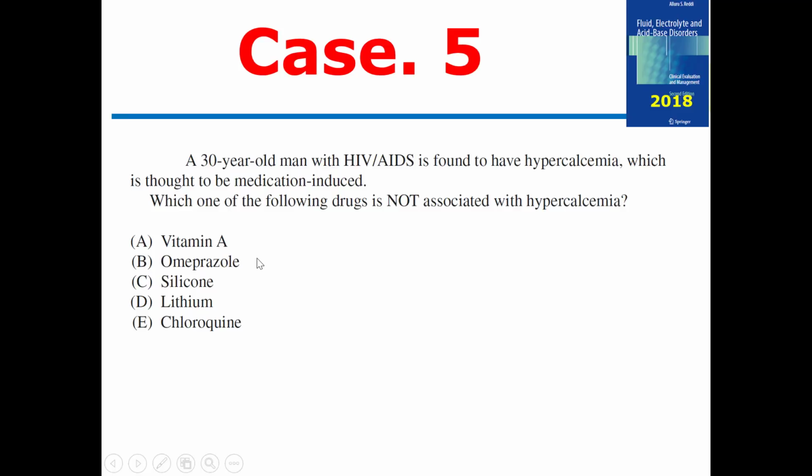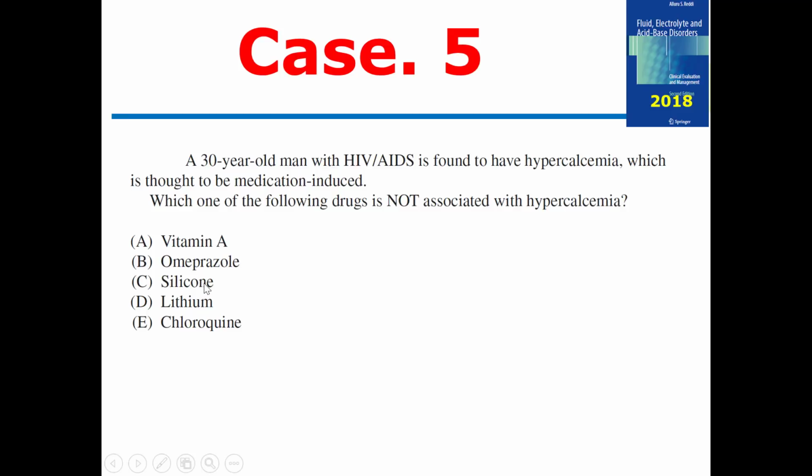Omeprazole leads to hypocalcemia, but it may be complicated by granulomatous interstitial nephritis with release of 1-alpha hydroxylase from macrophages in the granulomatous interstitial nephritis, so it may lead to hypercalcemia. The major effect is hypocalcemia, but it may lead to hypercalcemia.